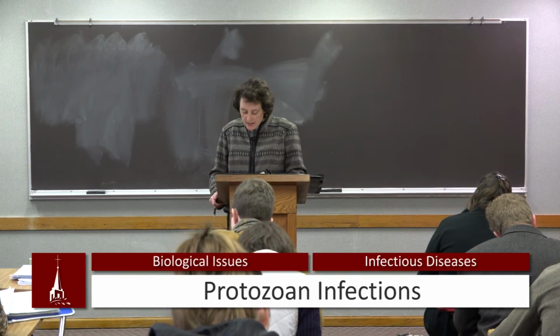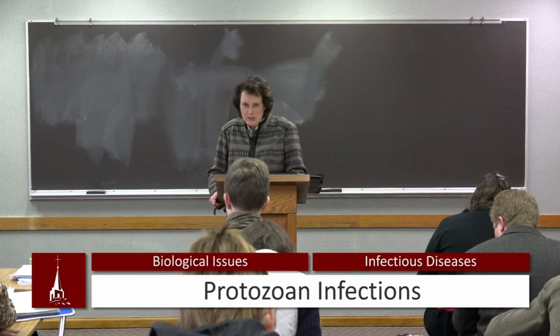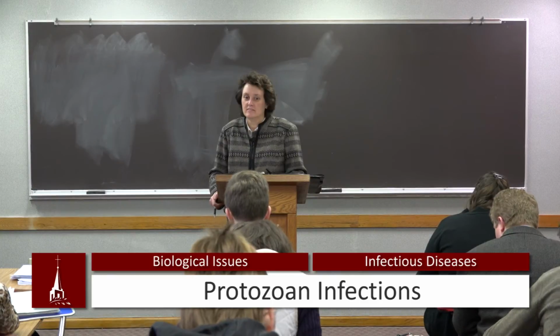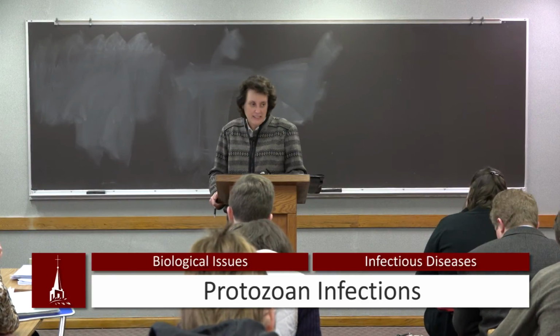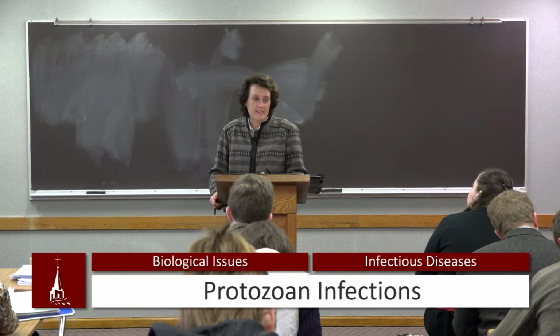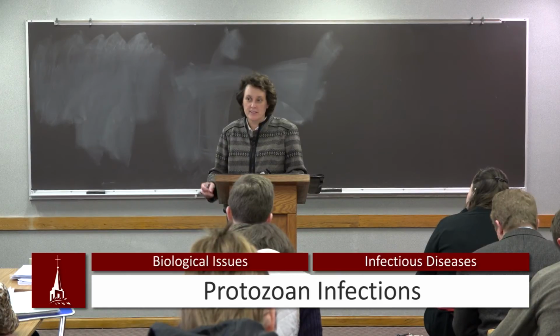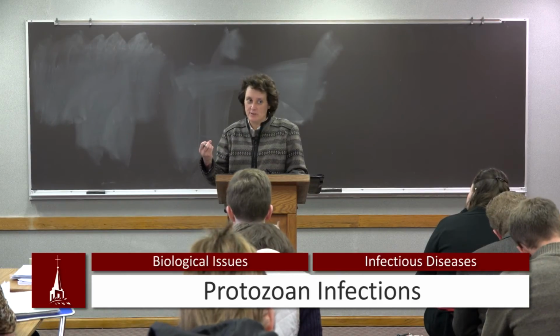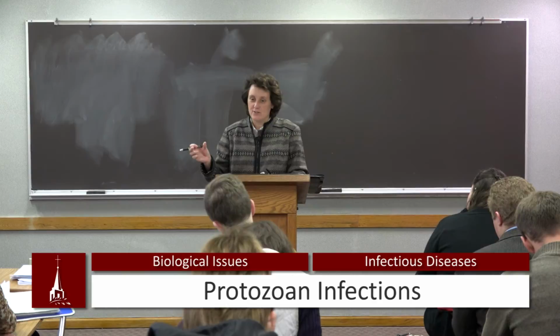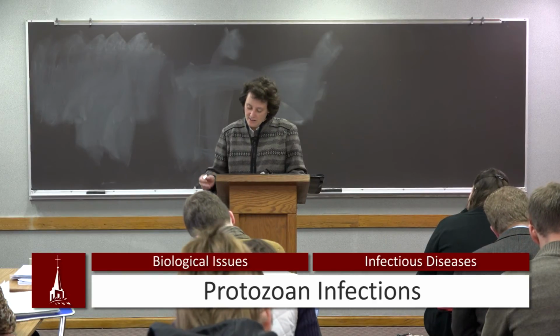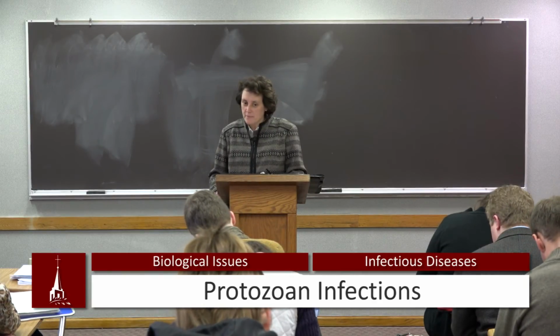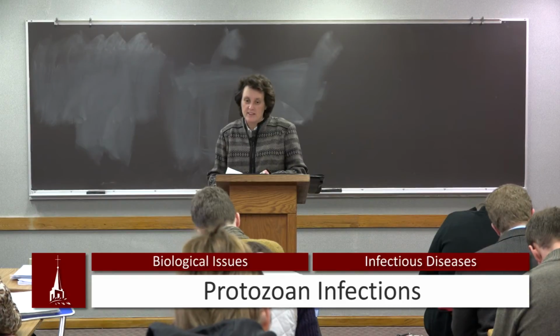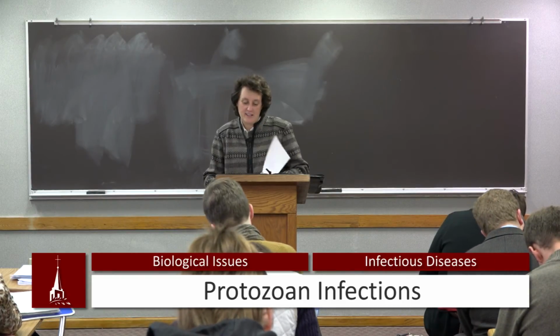This is caused by the Entamoeba histolytica. Histolytica, that word literally means cell burst. Lysis, cell lysis, is when the cell bursts. Histo refers to cells. And so this is an amoeba that destroys the intestinal tract.